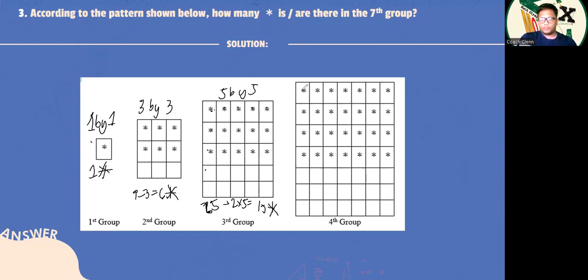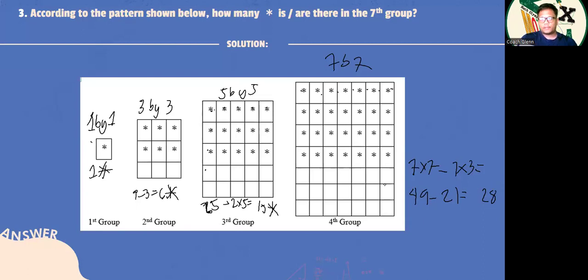So on the fourth figure, 1, 2, 3, 4, 5, 6, 7. It's 7 by 7. And this time 3 parts is not filled with asterisk. So 7 times 7 is 49. 7 times 3 is 21, so that's equal to 49 minus 21, which is equal to 28.